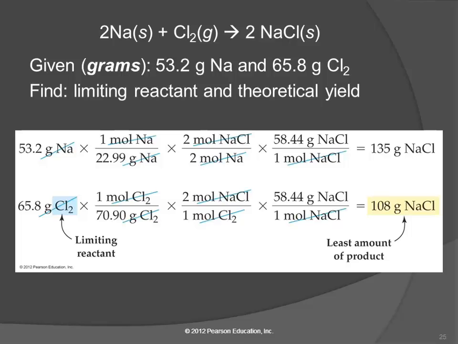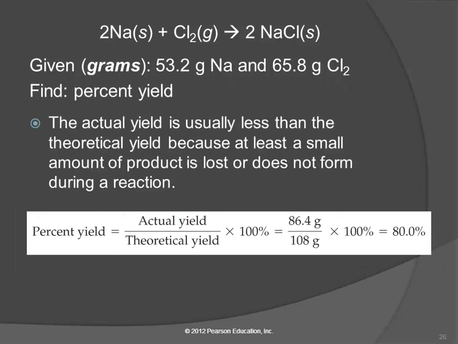In a chemical reaction, when you run out of a reactant, it stops, no more. So it's the smaller amount. That's the theoretical yield, and the reactant that produced that is your limiting reactant.